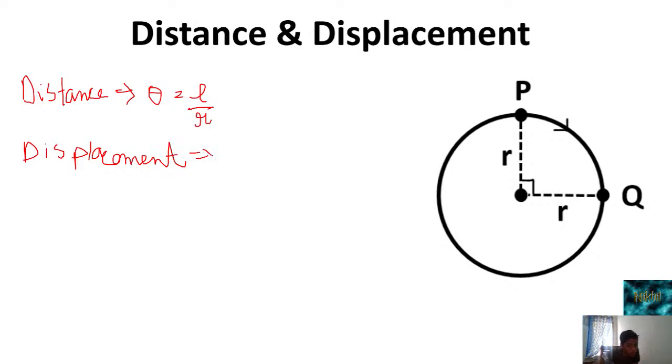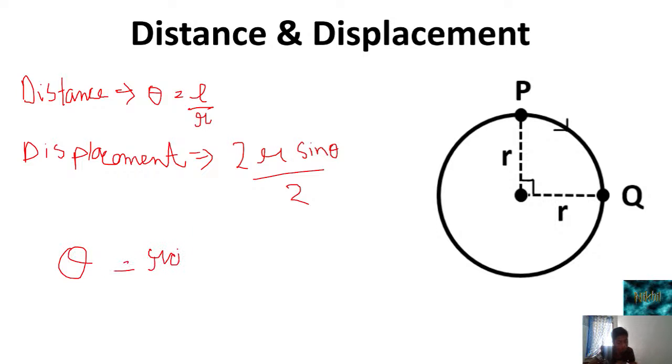Displacement is equal to, what is displacement? 2r sine theta by 2, where theta is in the form of radians.